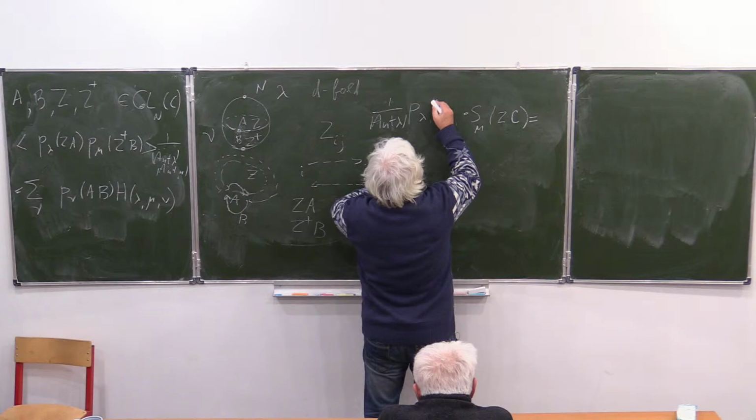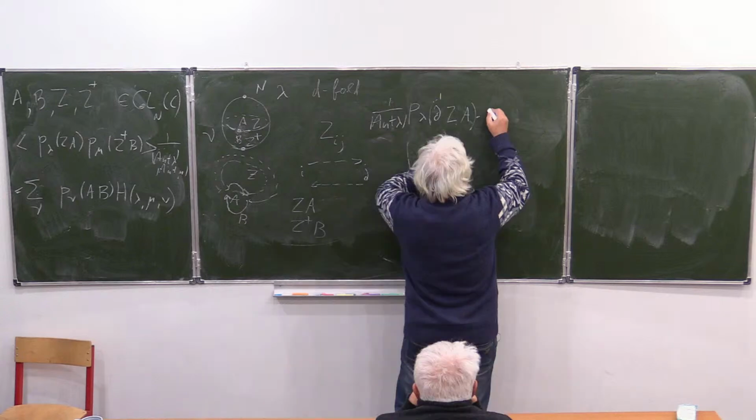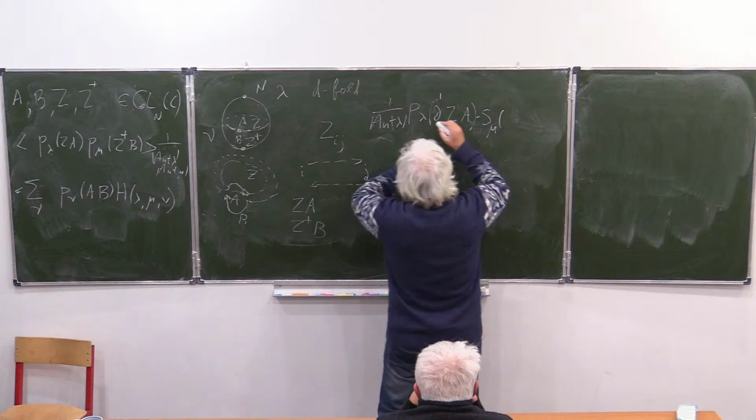With this matrix of derivatives with respect to entries, times this matrix, then times some constant matrix S, A, and these differential operators acting on a Schur function of some other partition, normal ordered.